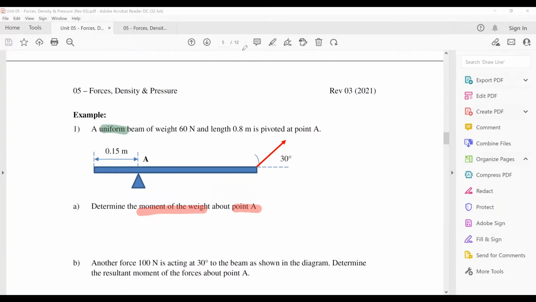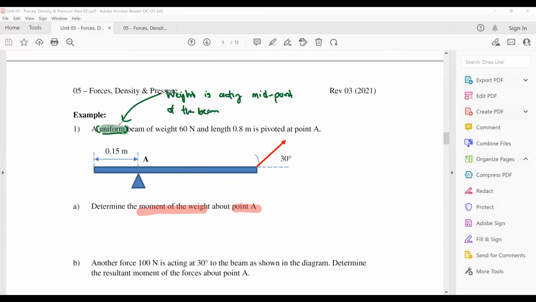They say that this is a uniform beam. Whenever you hear mention of something called a uniform beam, this means that the weight is acting at the midpoint of the beam.